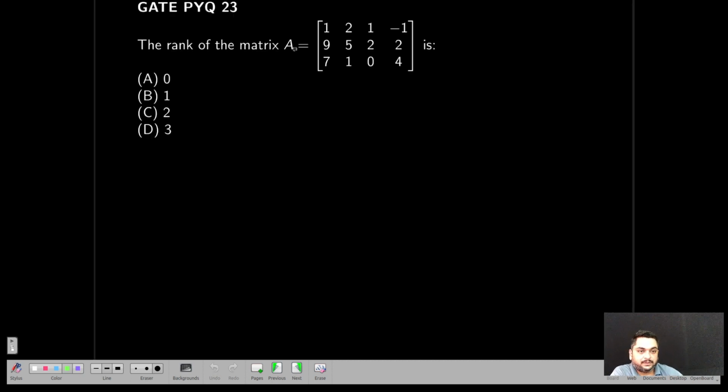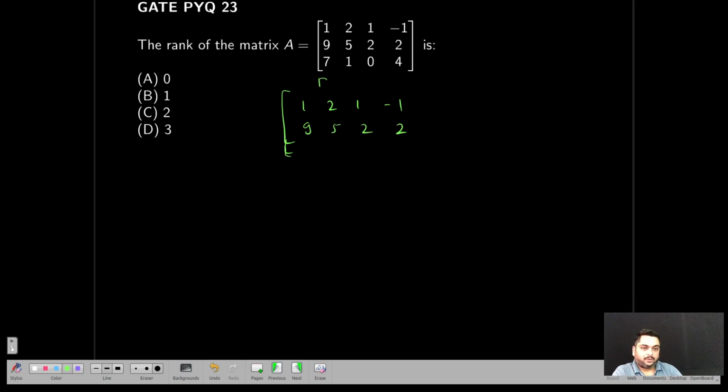Next. The rank of the matrix A is equal to. So check for any rows which are similar. Let us try to reduce this matrix to upper triangular form. So 1, 9, 1, 2, 1, minus 1. Then 9, 5, 2, 2.